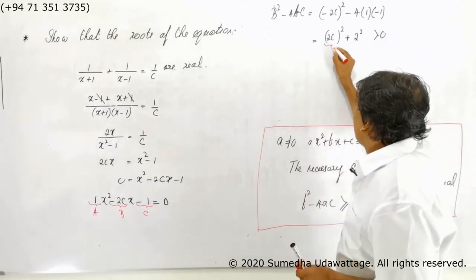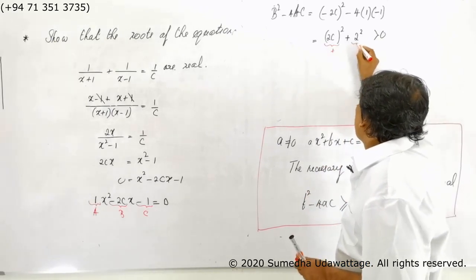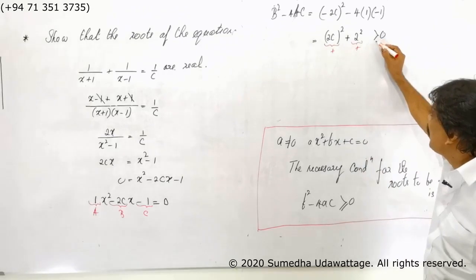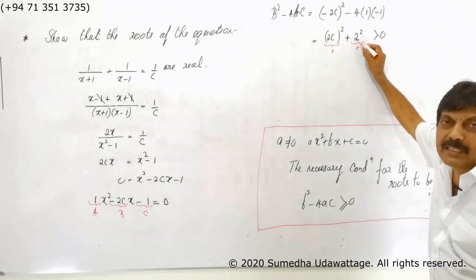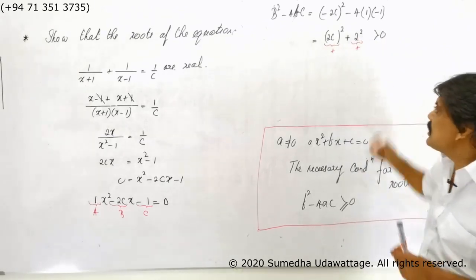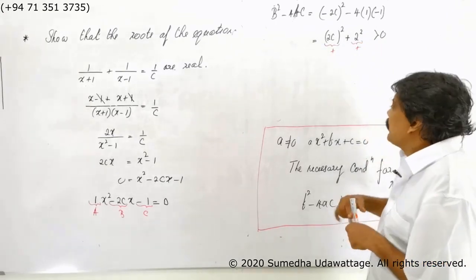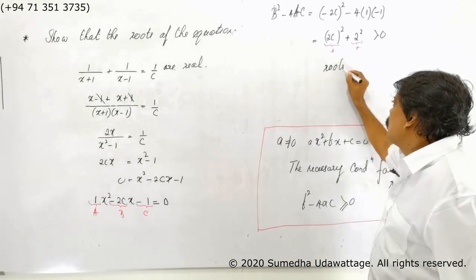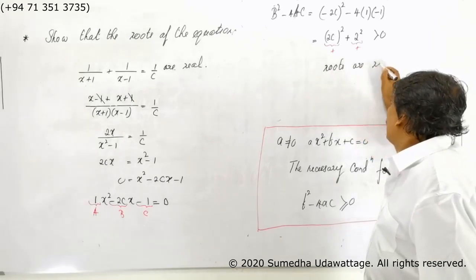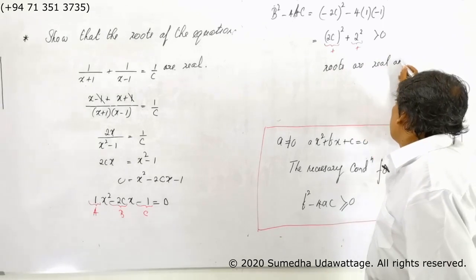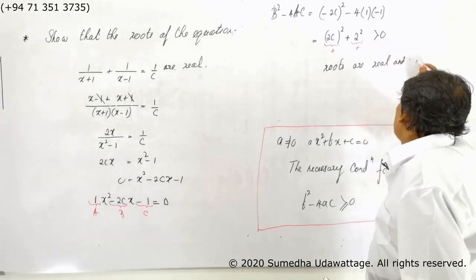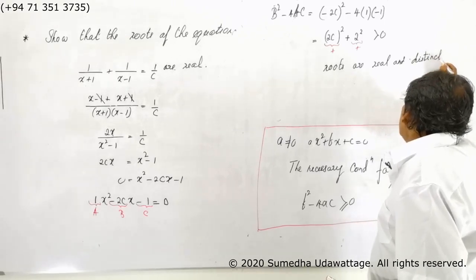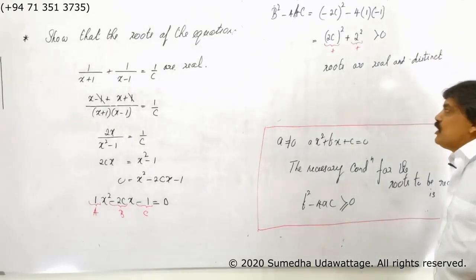A complete square is positive, so this is larger than 0. In this situation, it does not become equal to 0 because this cannot be 0. The roots are real, and larger than 0 means distinct.